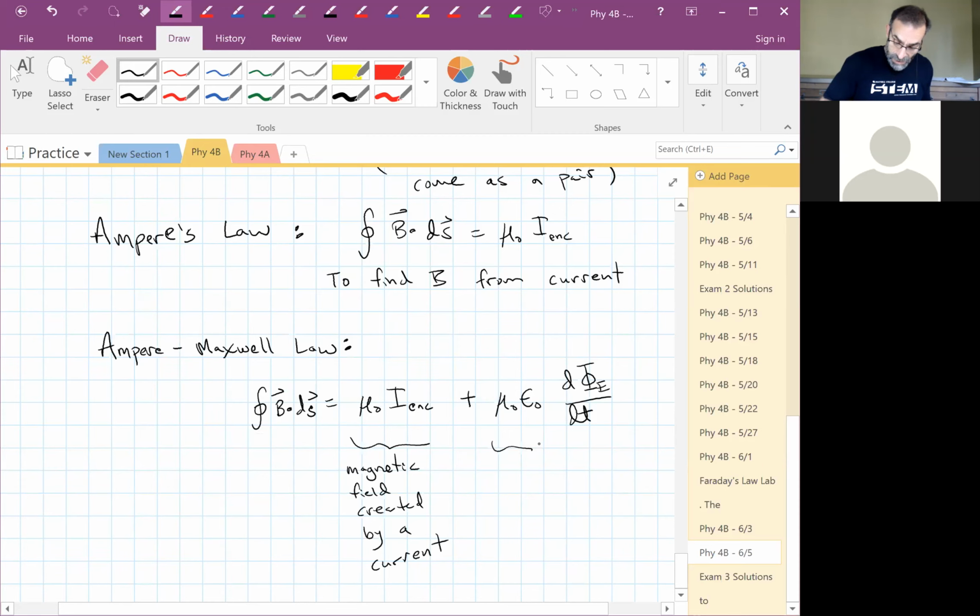And the second part says the magnetic field could be created by a time-changing electric field, an electric field that's changing in time. Created by a changing electric field.